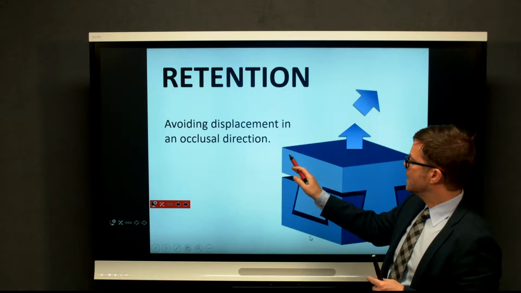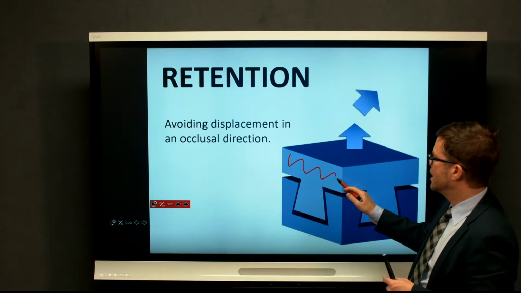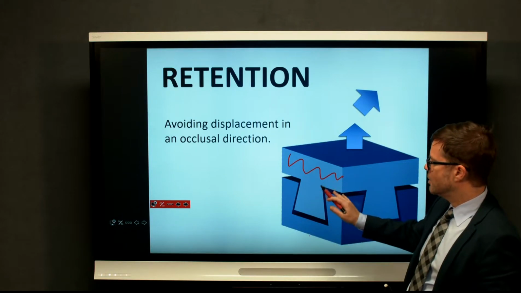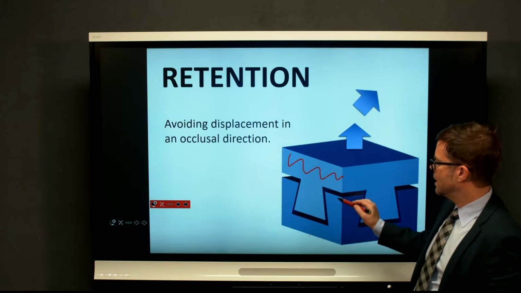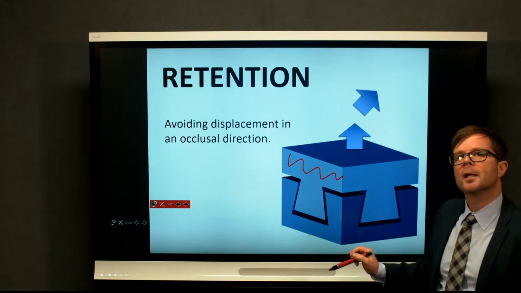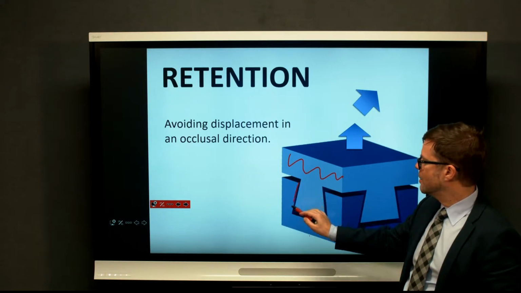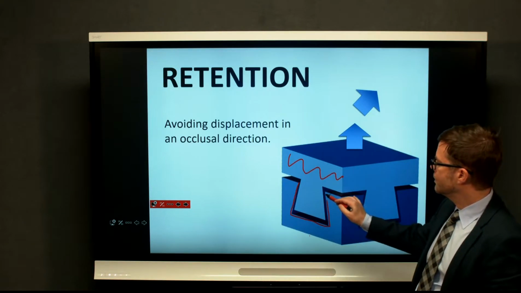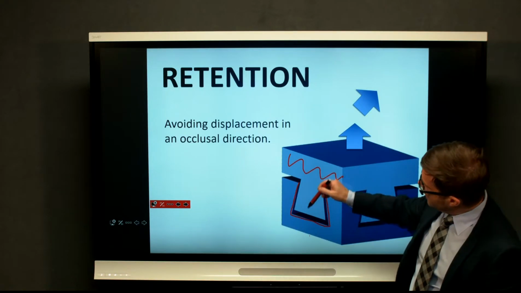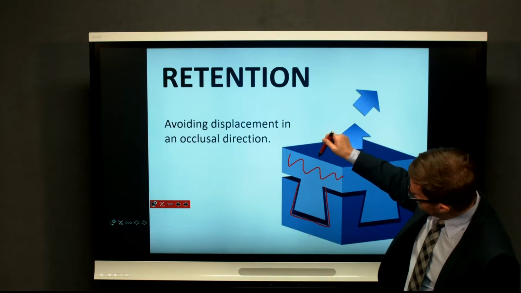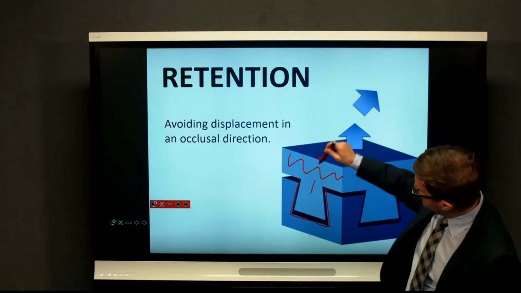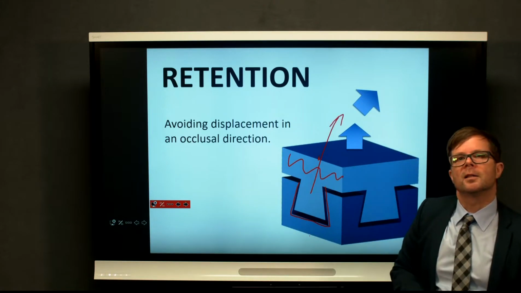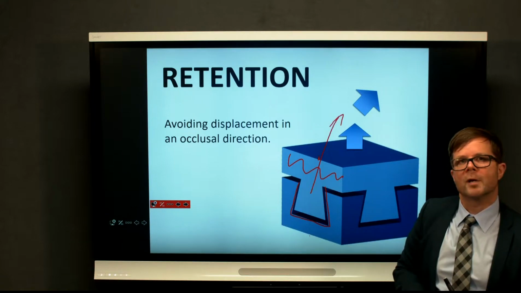So if we consider this light blue area to be the amalgam, what we had to do in order to retain the restoration in the tooth, which is this darker area here, is we actually had to cut what we call mechanical locks with quite sharp angles, so that if we bit on a minty and it stuck to the restoration here, and we opened our mouth, we didn't lose the restoration in this occlusal direction.